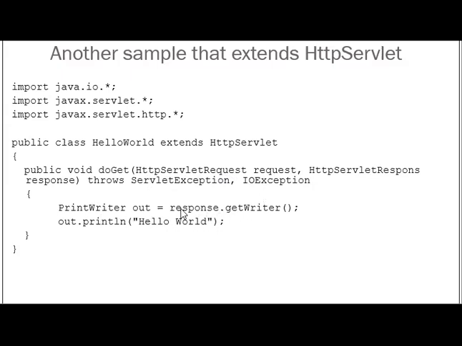Here we can directly get response.getWriter, then println hello world. The content type is not set here because it is HTTP, so it is known that HTML tags will be there in the print method.